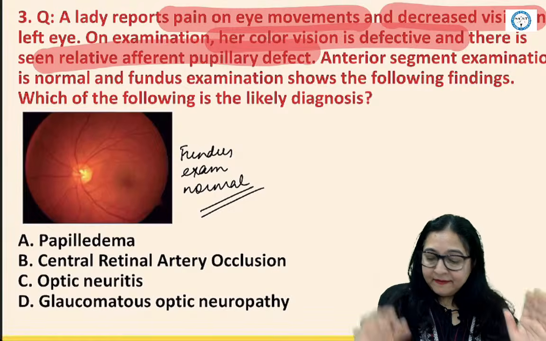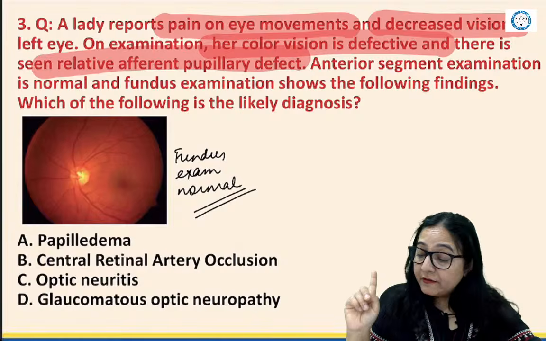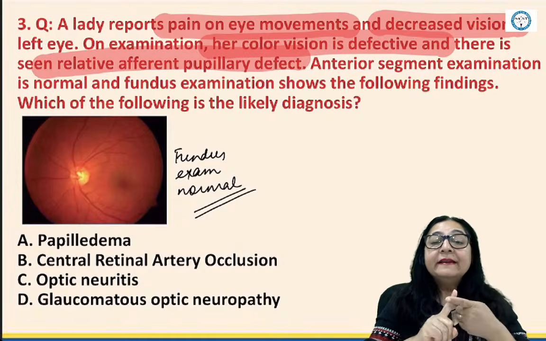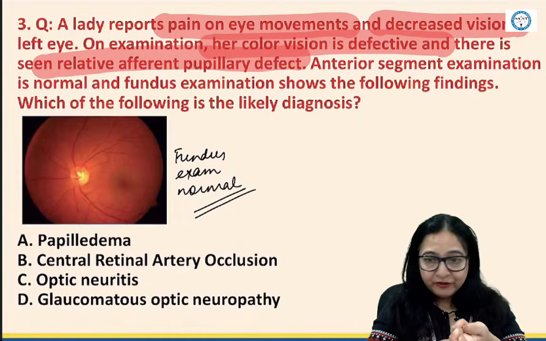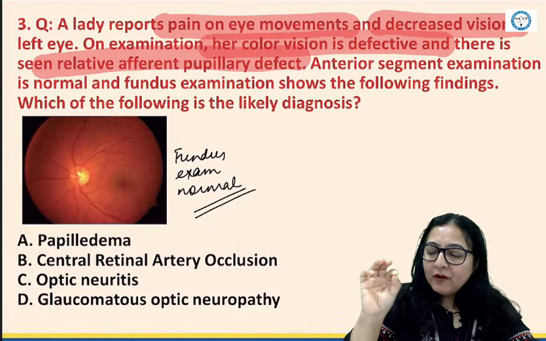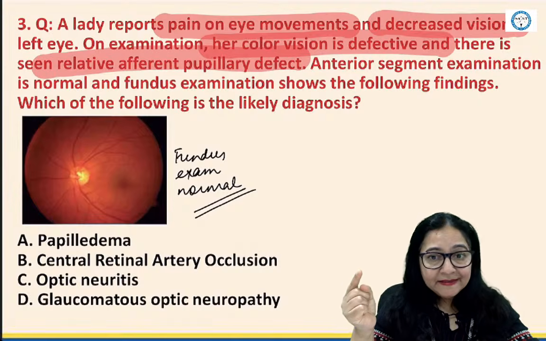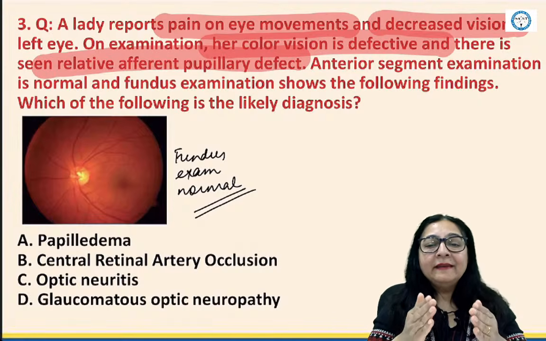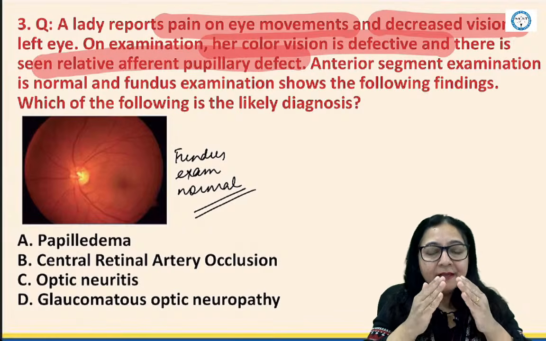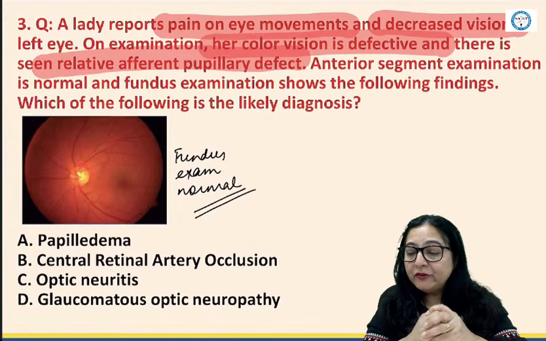So let's do this question only, because whenever there is decrease in vision and RAPD, it's always either an optic nerve disease or a disease involving the retina extensively, with severe involvement of the retina.